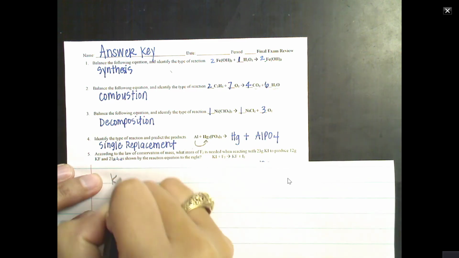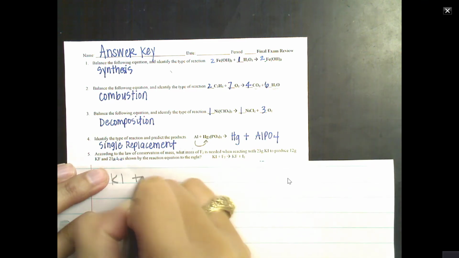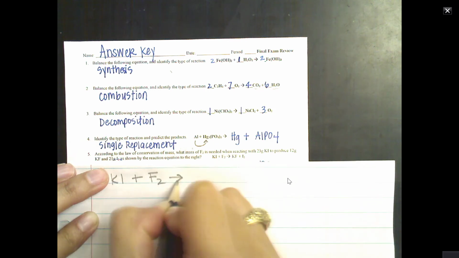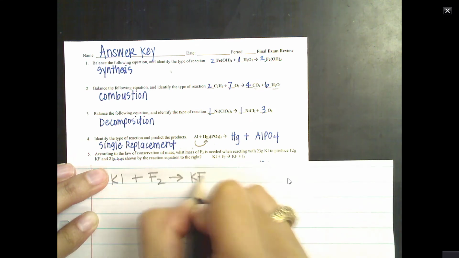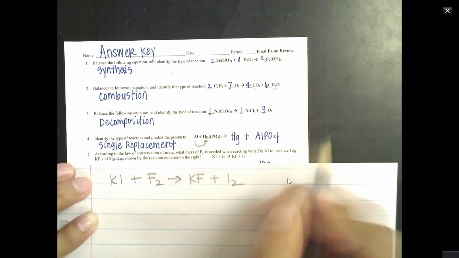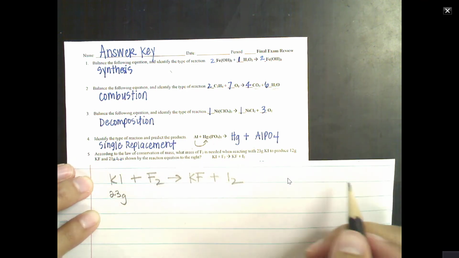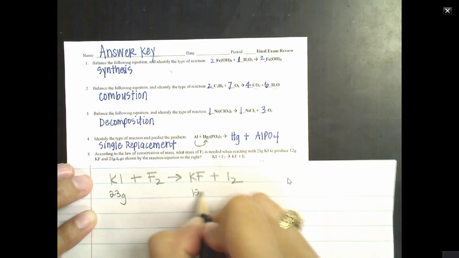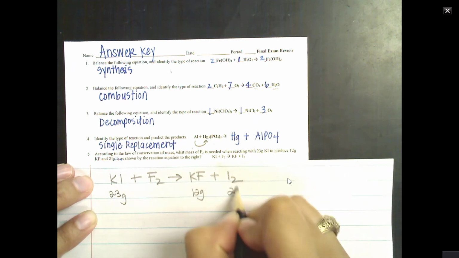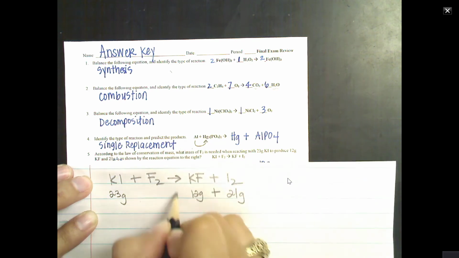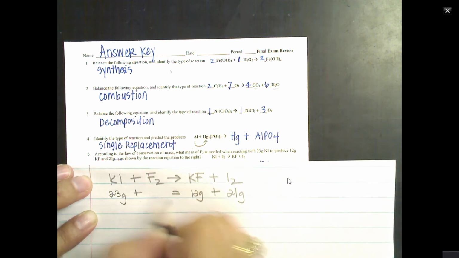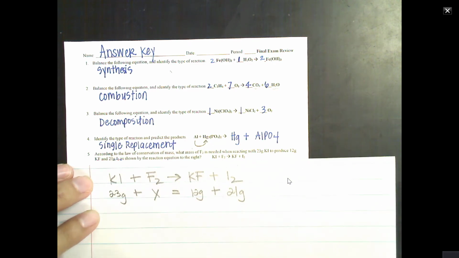So when you see anything talking about law of conservation of mass, 23 grams of KI, I'm going to write that under KI. 12 grams of KF, I'm going to write that under KF, and 21 grams of I2. Remember, my reaction arrow is kind of like an equal sign. And so the one missing is what I'm looking for.